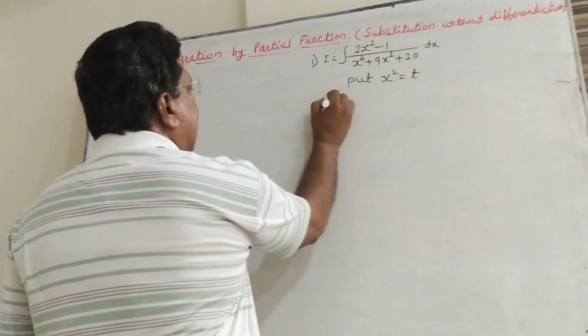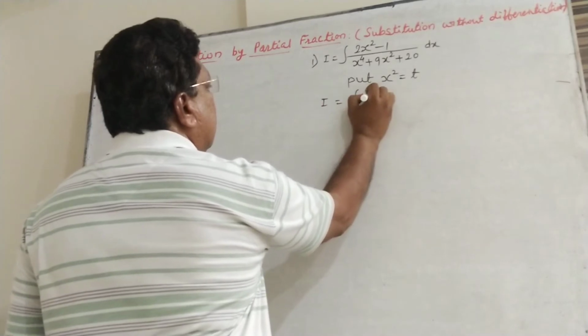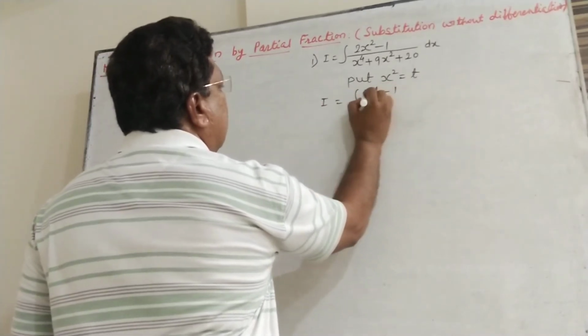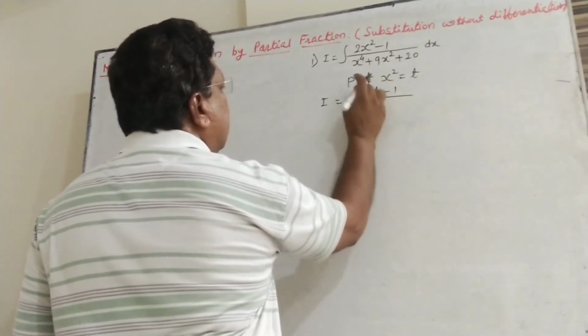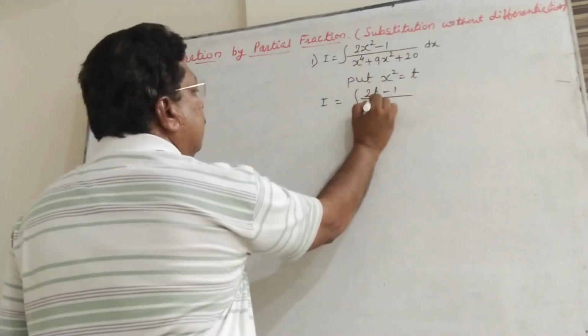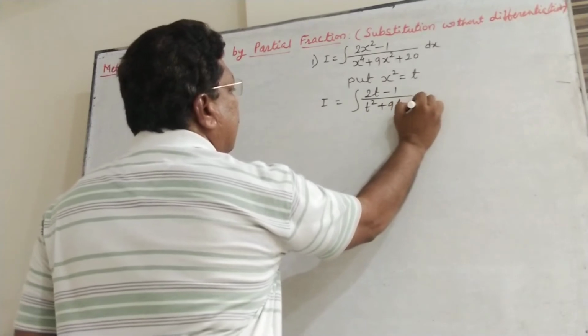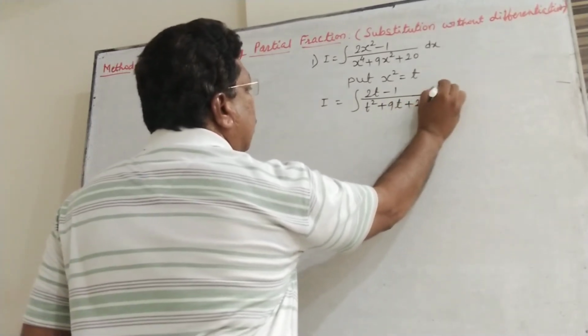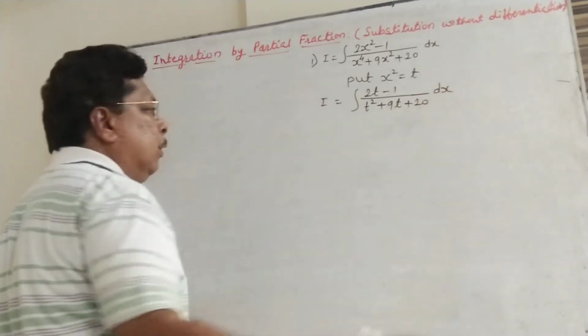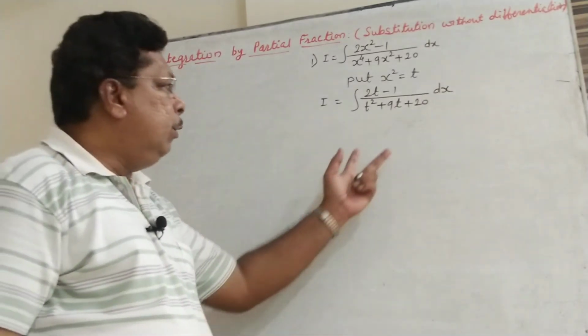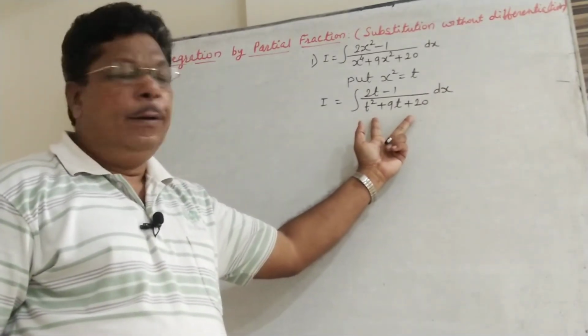What happens? The integral becomes (2t minus 1) upon (t square plus 9t plus 20), and here it is not dt, that is dx. Now this is a quadratic expression.